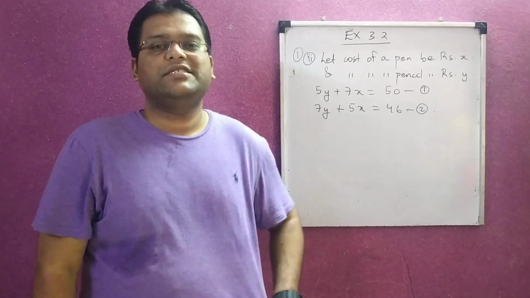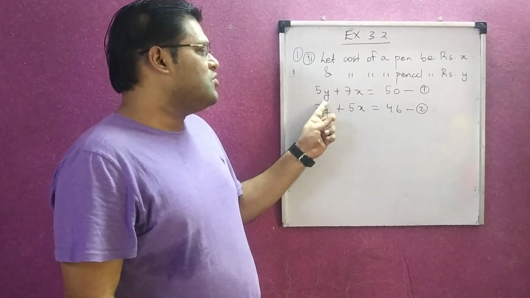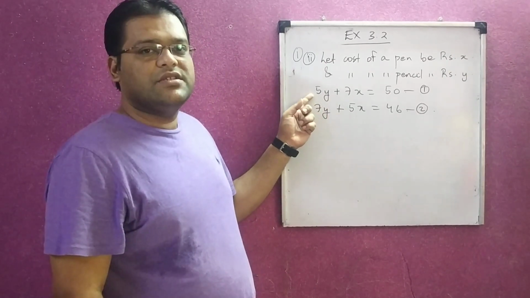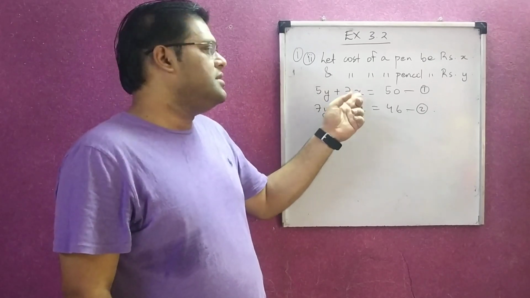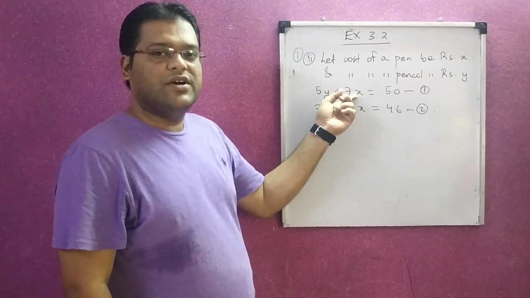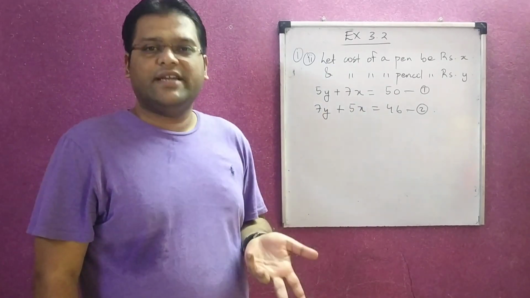But there is one interesting fact regarding the coefficients over here. 5 is the coefficient of y in the first equation and that is the coefficient of x in the second equation. Over here, you find that in equation 1, 7 is the coefficient of x, that is the coefficient of y in the second equation.